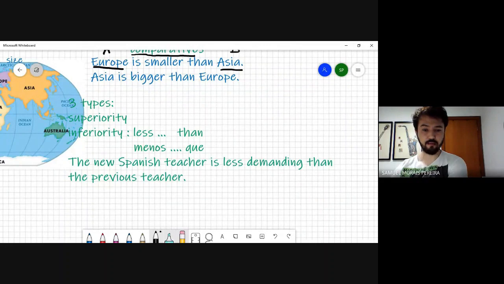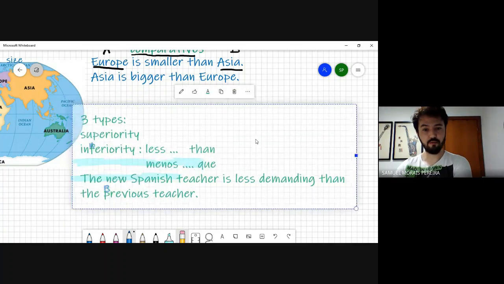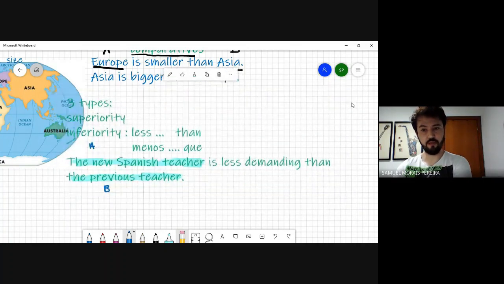Can you see? Again, I am comparing one element, an element A, to another element, an element B. So I have here the element A and the element B. When I compare two elements, I am using the comparative, what we call comparative, ok? Dependendo do tipo de comparativo, ele tem um nome.